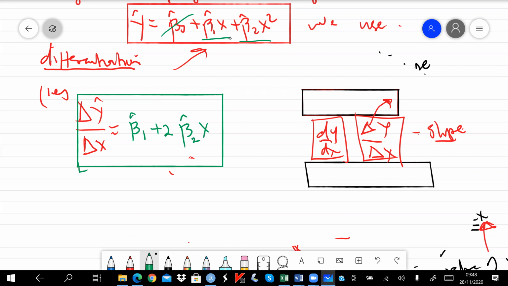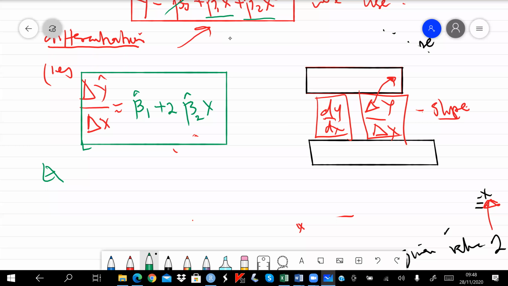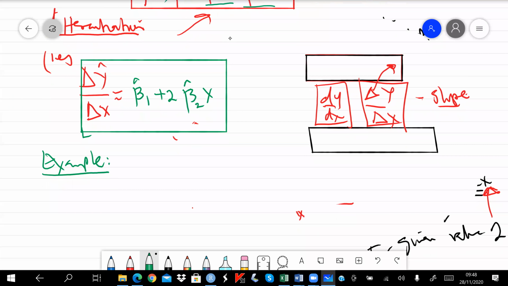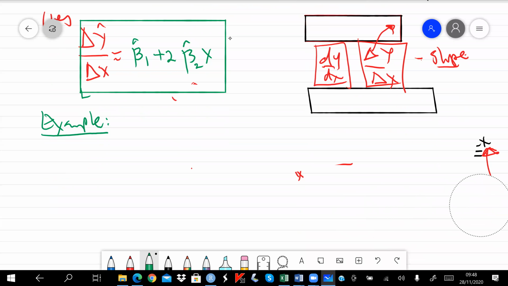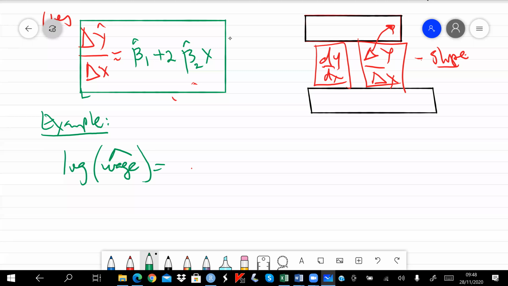For example, let's consider this model. We have come across this model in our previous classes. We have this model: log of wage estimate is equal to 1.30 plus 0.046 experience minus 0.000944 experience squared.